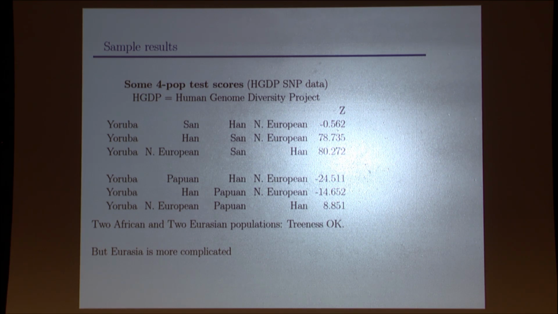X is actually extremely important for understanding a lot of this stuff, but it's a little more complicated to analyze because you really have to deal with the male and female samples differently.